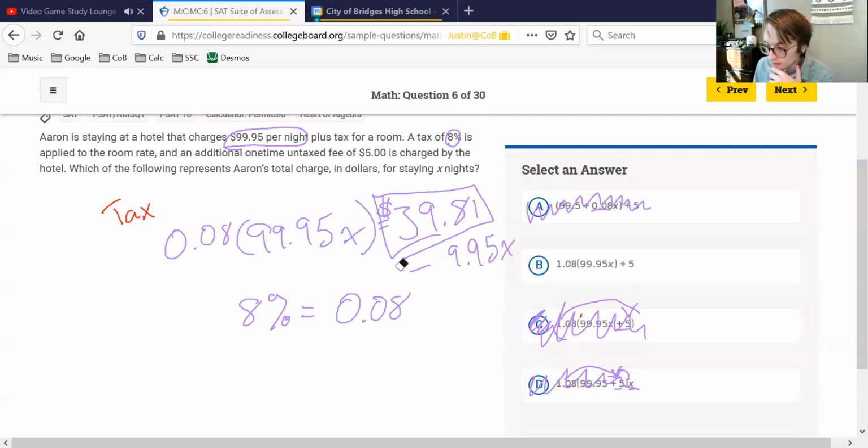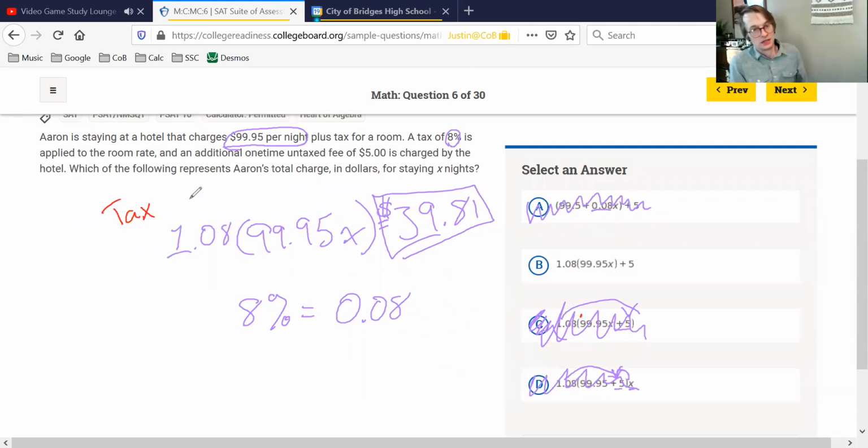So instead of doing that, what this equation is suggesting is to take this 0.08 and make it 1.08.